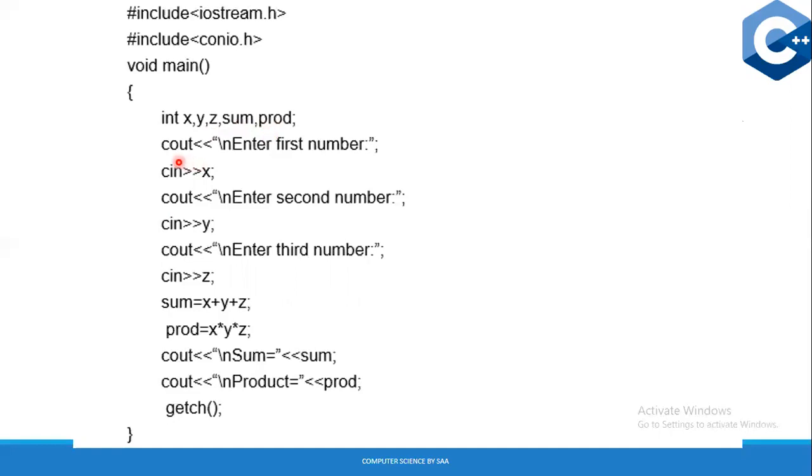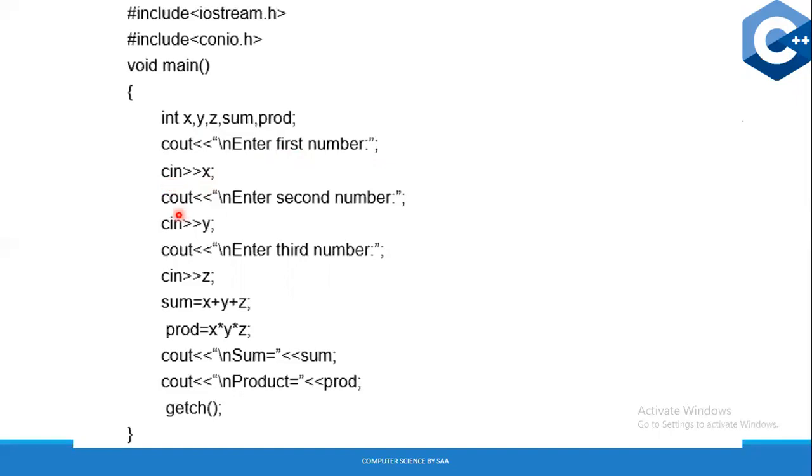Here, first of all, the cout statement is written. This statement will cause a message to appear on the screen. And what is this message? Enter first number. After this message, whatever value the user enters will be stored in the variable x with the help of this cin statement.